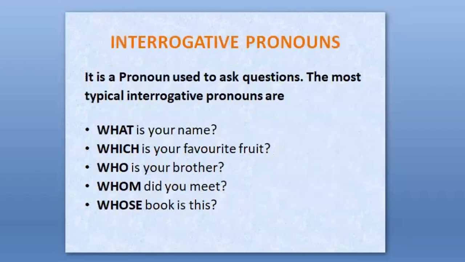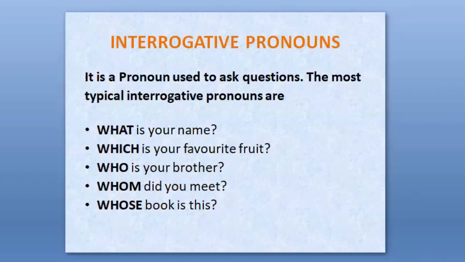Come on. Now we will see our second pronoun, that is the interrogative pronoun. Now children, interrogative pronoun means it's asking a question. You can see a question mark at the end of all the sentences. Yes? You also keep on asking questions all the time to your teacher, to your mother, to your parents, to your friends. So that is an interrogative pronoun.